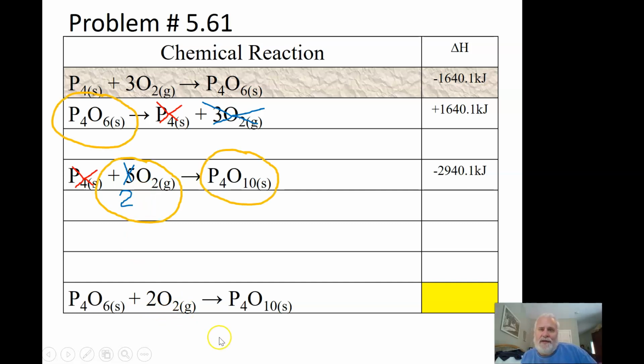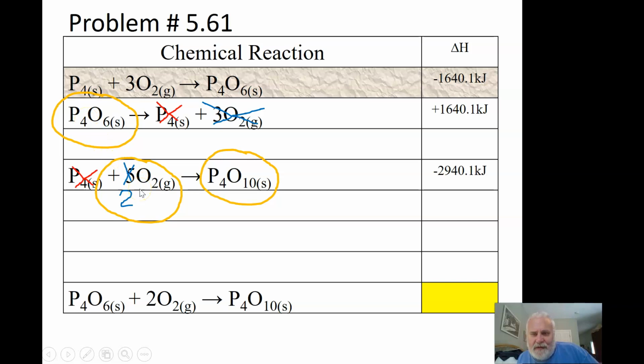And one other thing I like to do on this is just kind of circle the things that are left over. You X'd out these guys, and you certainly X'd out that whole thing, so you know you're not using it.